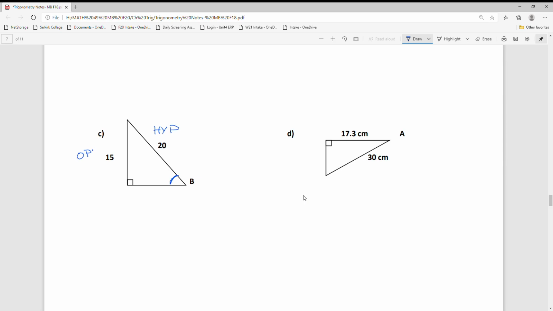Label, choose the function, sub in what you know, and then solve for what you're looking for.